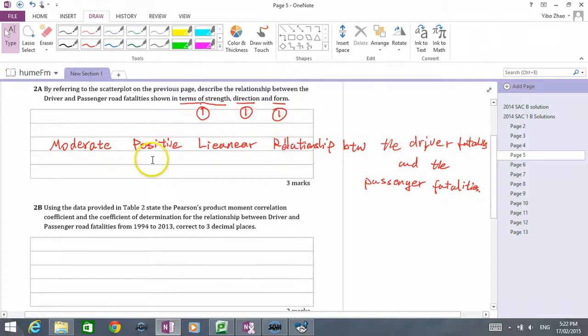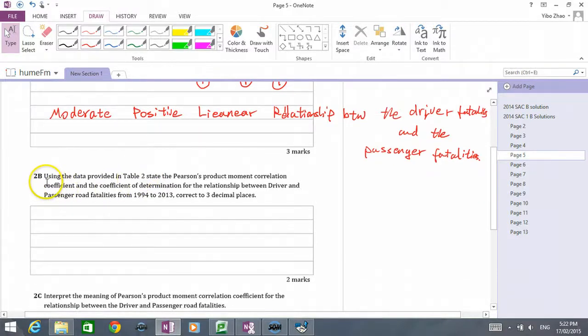2B. Now, question 2B is asking me to use the data provided to find the Pearson's product moment correlation coefficient and the coefficient of determination of the relation between driver and passenger, correct to 3 decimal places.